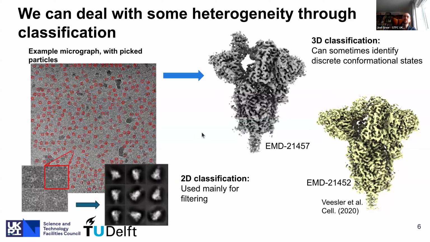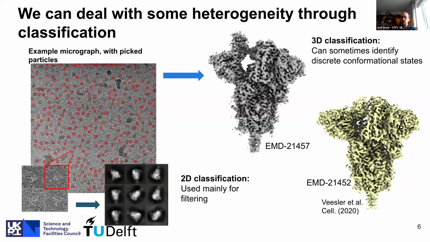You're more likely to have success at identifying discrete heterogeneity using 3D classification approaches. This is where the user defines a number of discrete classes to group particles into. The 2D particle images are then randomly assigned to an initial class. The subsets are then refined against some initial consensus model to get n, the number of discrete classes you've chosen, different 3D density maps.